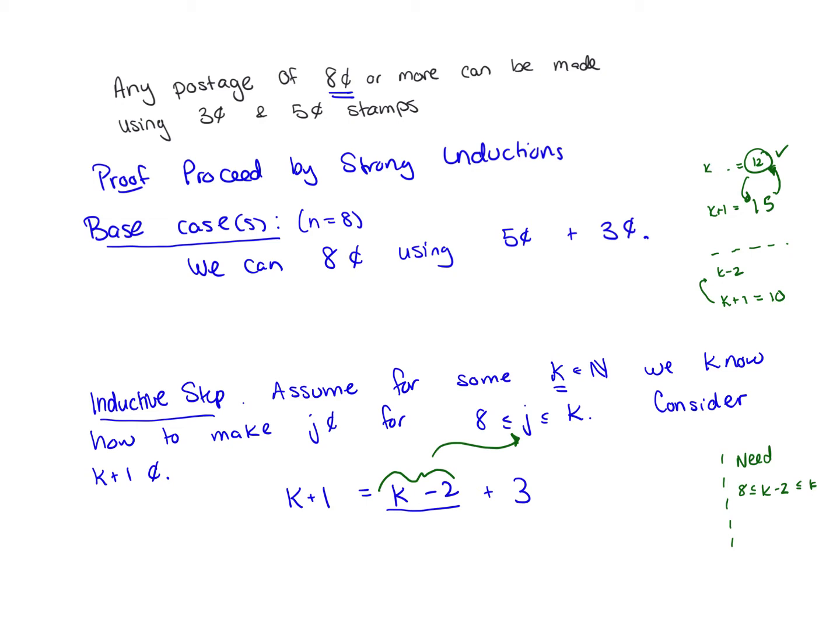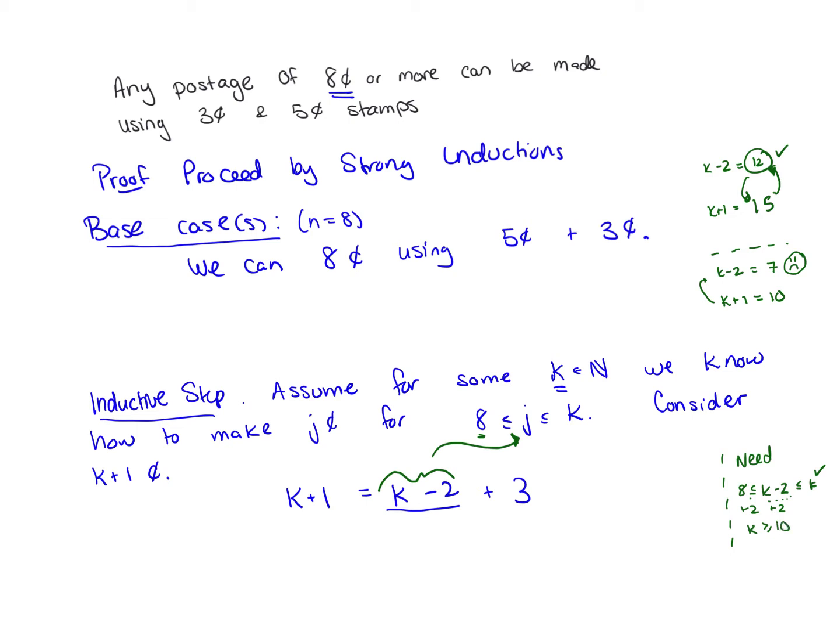Now my k minus 2 would be 7, and I don't know how to make 7 cents because that's too small. So I need this k minus 2 to be less than k, that's fine, but also bigger than or equal to 8, which tells me here, if I add 2 to both sides, that this k really needs to be bigger than, how do I add 2 to 10?